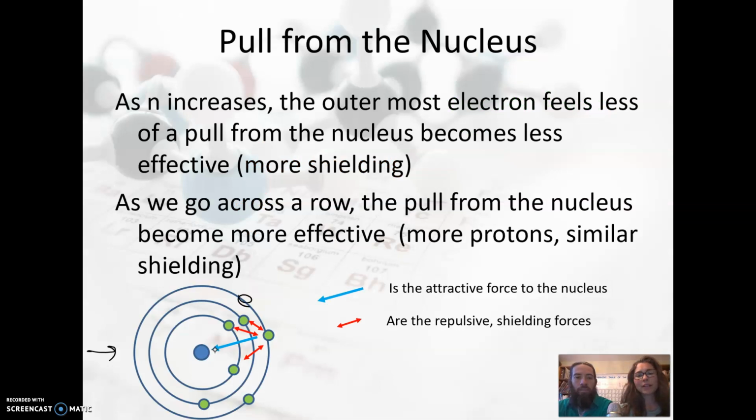So if I add another electron here, my nucleus is getting stronger by one proton as we're moving across from left to right. But the electrons that we're adding are not adding very much additional shielding. So our effective nuclear charge is getting stronger as we're going from left to right, and it's getting weaker as we're going from top to bottom as we progress around the periodic table.